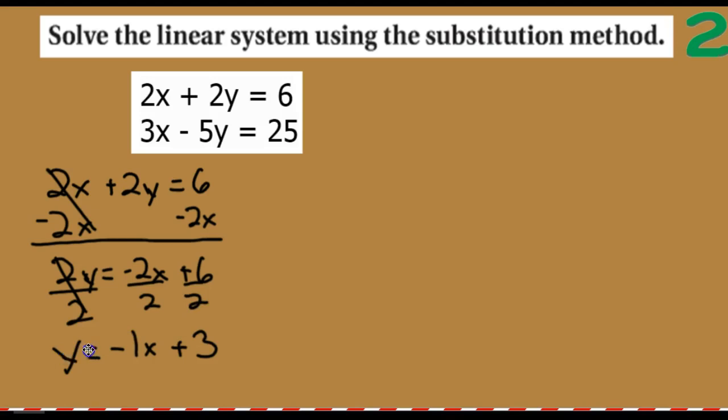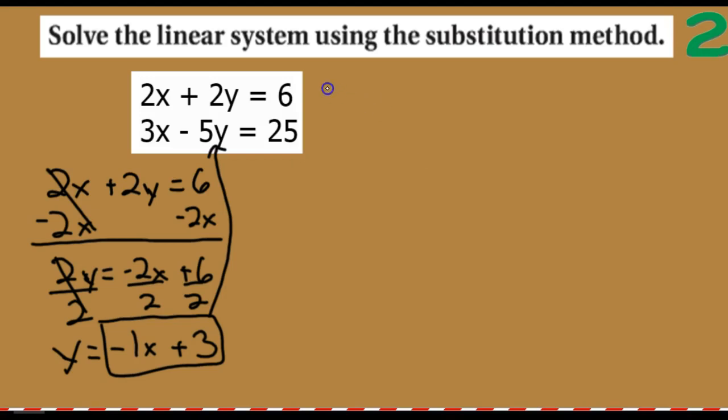So now we have a variable by itself, and now it's the y. So we can take this negative 1x plus 3 and put it back into our equation for y. So I'm going to substitute that y there for negative 1x plus 3.